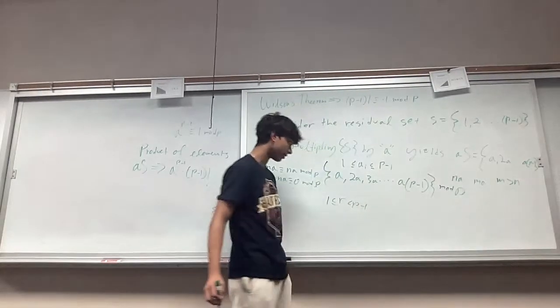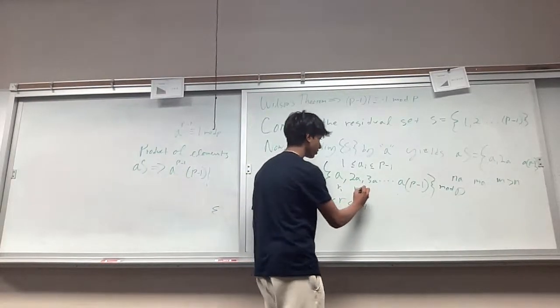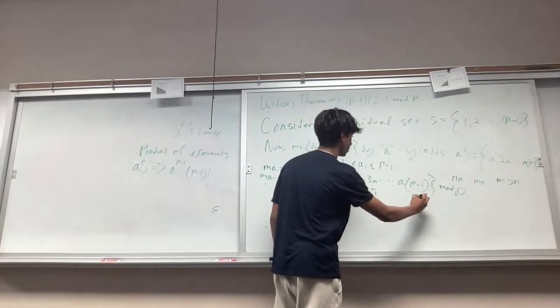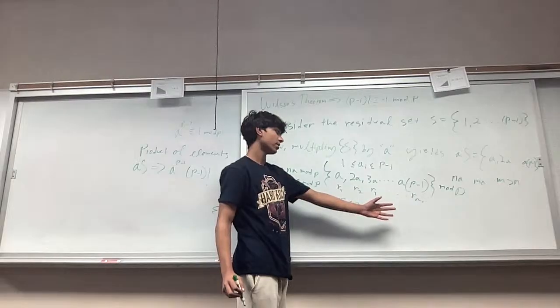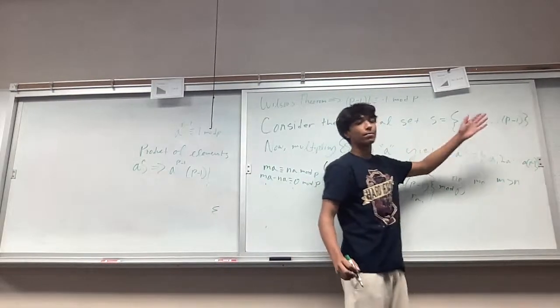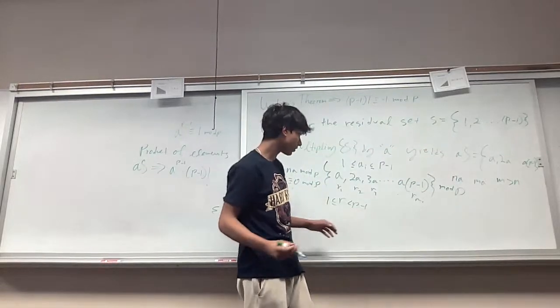Say the residuals are R1, R2, R3, all the way down to R(p minus 1). All of them are distinct, and they're the exact same set, but maybe not in this order. Just a different permutation.